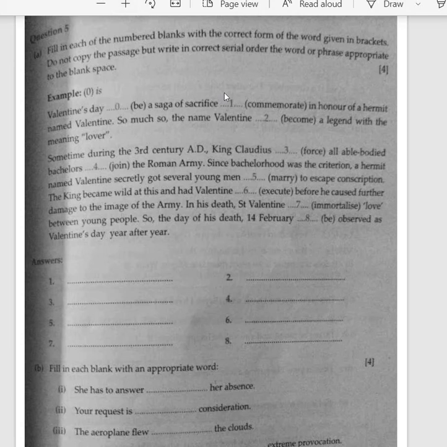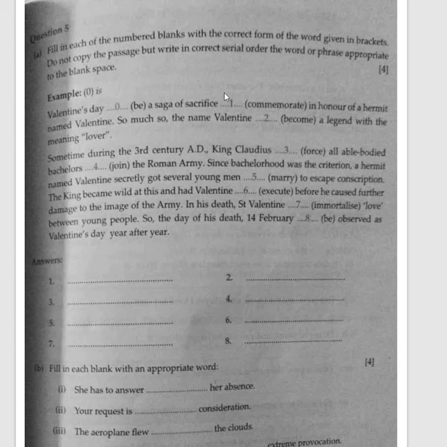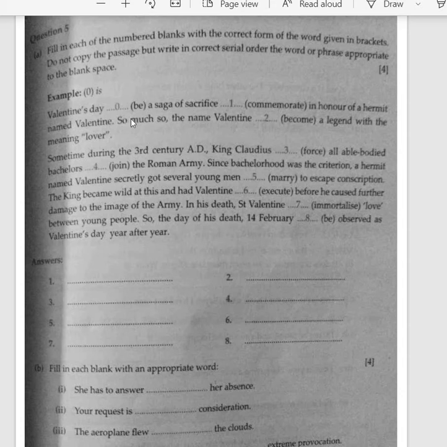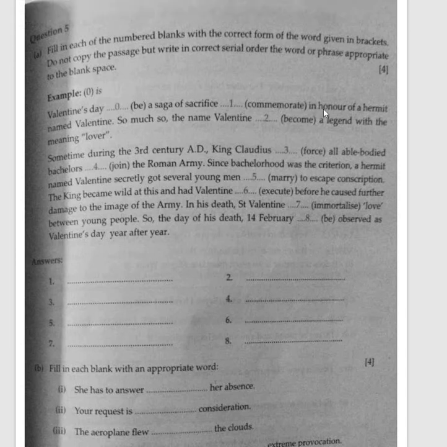The first question which comes here is to fill in the blanks with the correct form of the word. The first one given is: Valentine's Day, a saga of sacrifice, is commemorated, you can write commemorated, in honor of a hermit named Valentine.